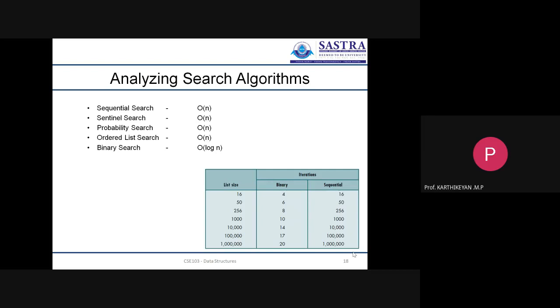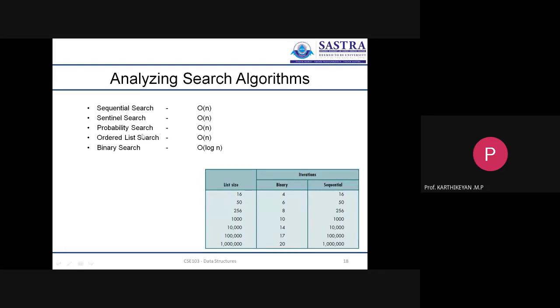So its efficiency is O of n. Suppose there are n elements in the list of numbers, then at least n comparisons or n iterations we need to perform. So that is sequential search. And all the sequential search variations, sentinel search, probability search, ordered list search, everything will have O of n only.